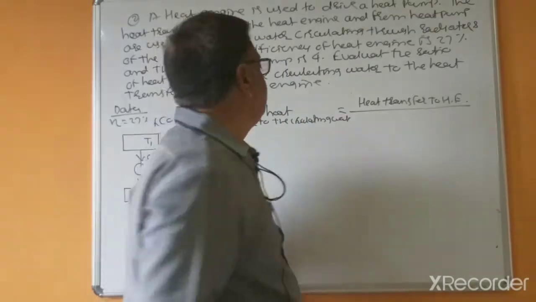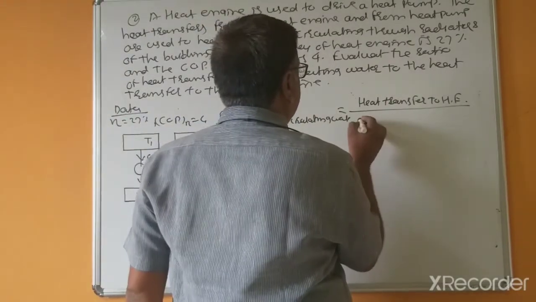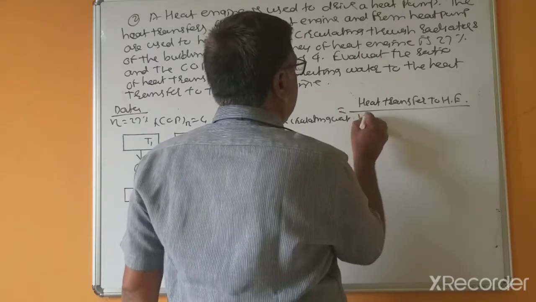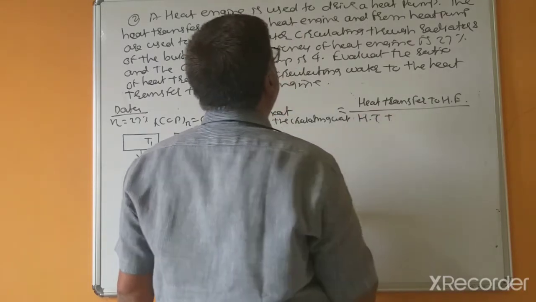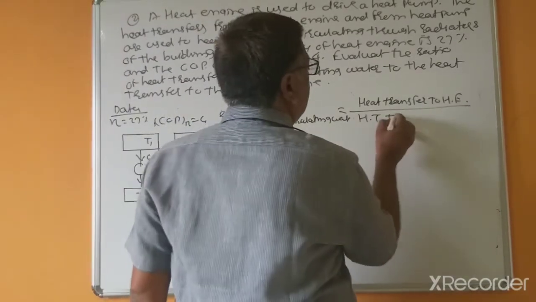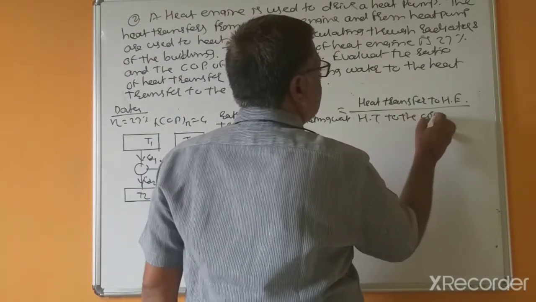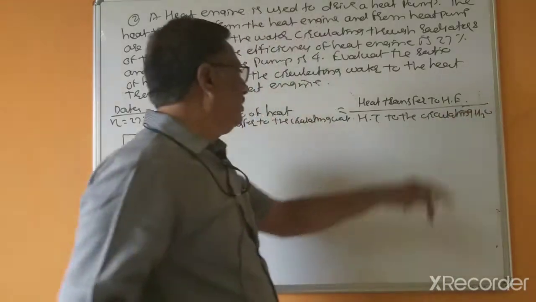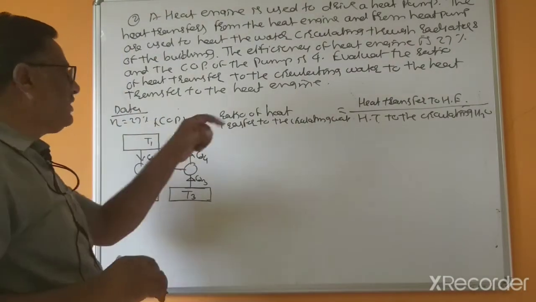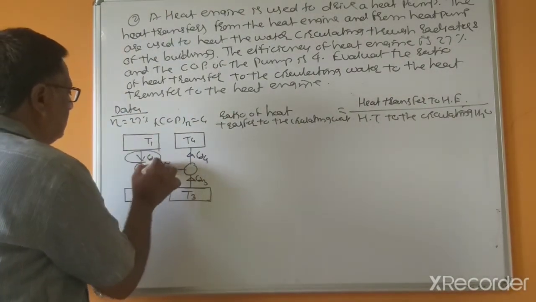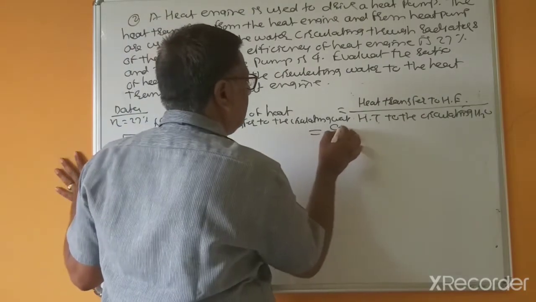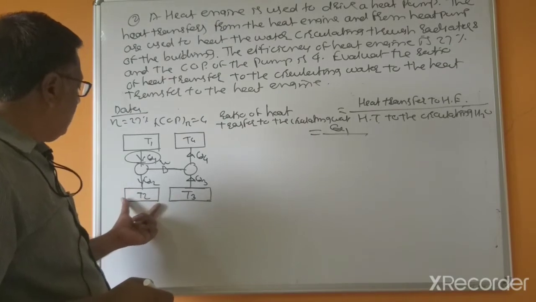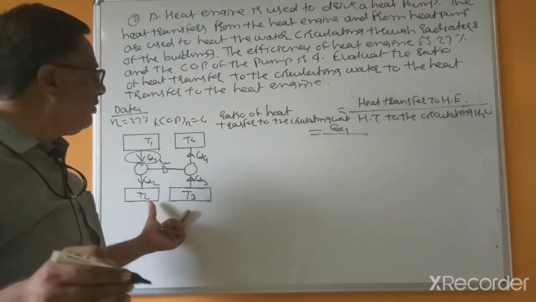Briefly, this is the heat engine, and circulating water, briefly H2O. Heat transfer to the heat engine is Q1. Heat transfer to the circulating water, this is the circulating water, means T2 instead of the atmosphere.